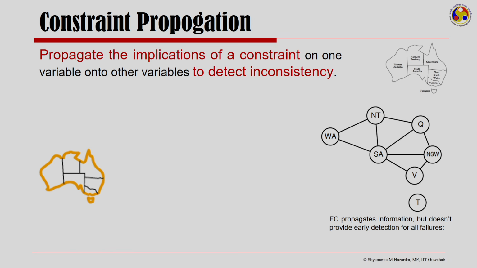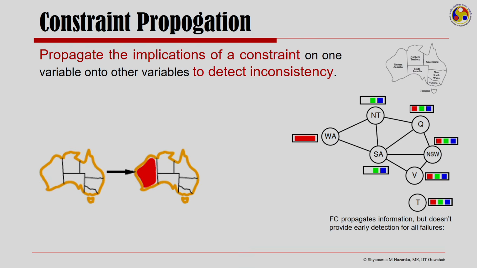Constraint propagation propagates the implications of a constraint onto other variables to detect inconsistency. So, continuing with our map coloring example, we initially have all 3 colors for each of the 7 variables.